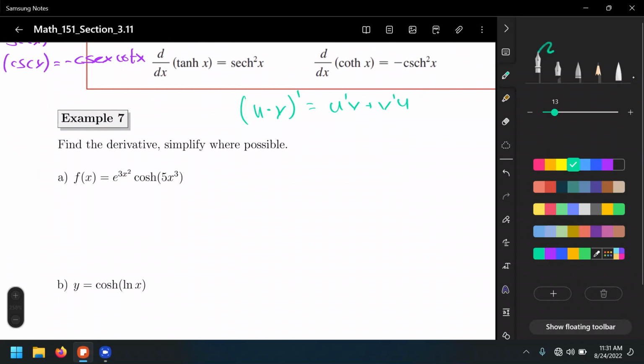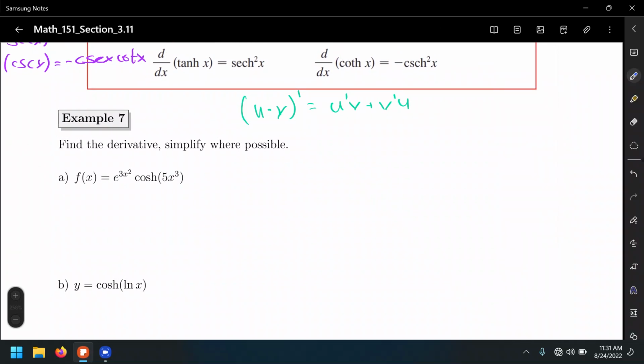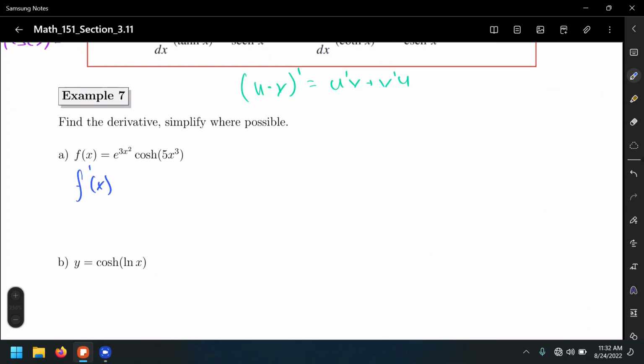All right, so let's call this, and notation is important, f prime. That's to denote that this is the derivative. So, the derivative of the first factor, u, which is the exponential, is itself, times, by the chain rule, the derivative of the quantity in the exponent, the derivative of 3x squared, that's a 6x.